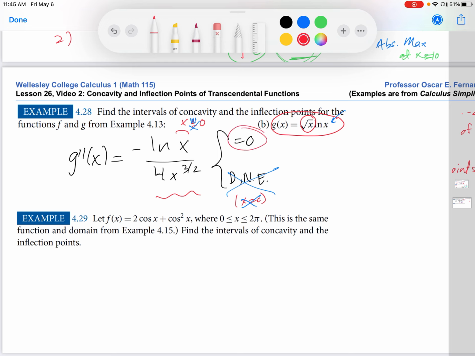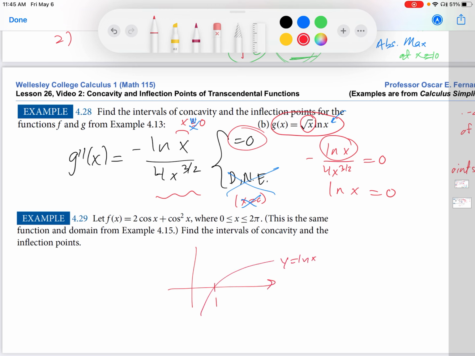So now we go to this second part. I'm going to set ln of x over 4x to the 3/2 equal to 0. And I would like to figure out where this is 0. Well, that's only going to happen where the numerator is 0. So I'm asking, where is ln of x equal to 0? You can do this a variety of ways. You could graph the ln of x function. So this is y equals ln of x.